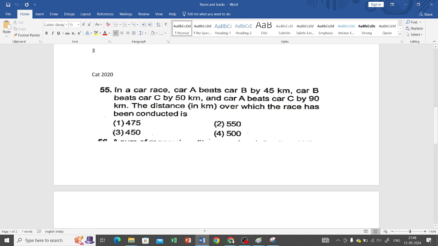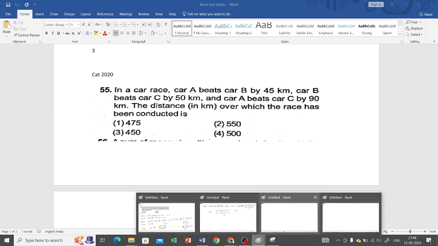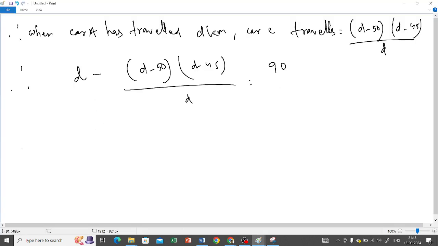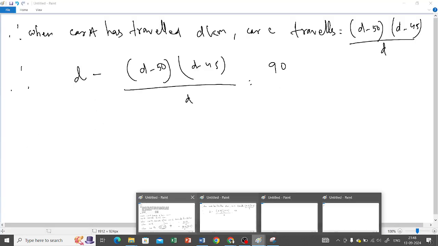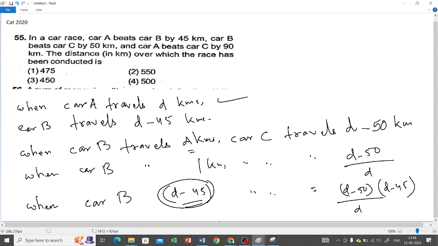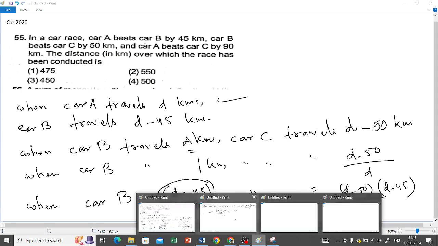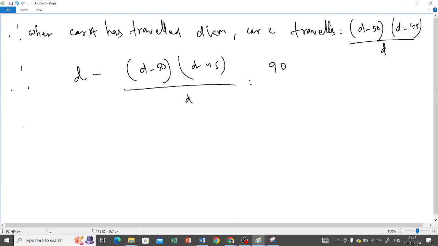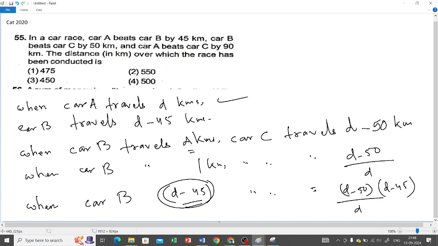So now I need to find out which is the right answer. Go by the option method. If you put the different options, the distance in kilometers over which the race has been conducted, this d I need to find out.